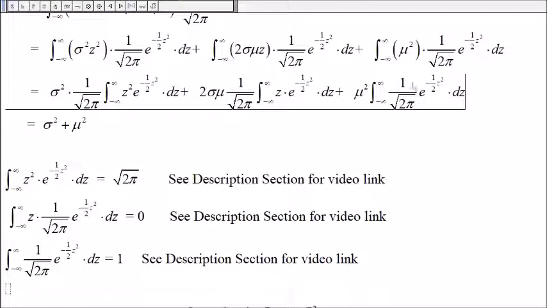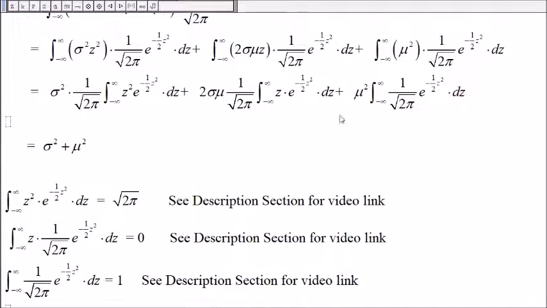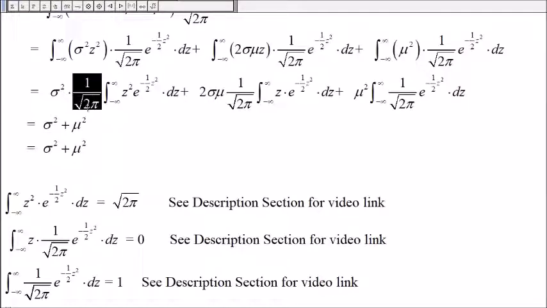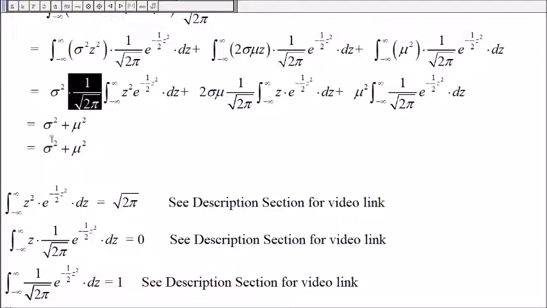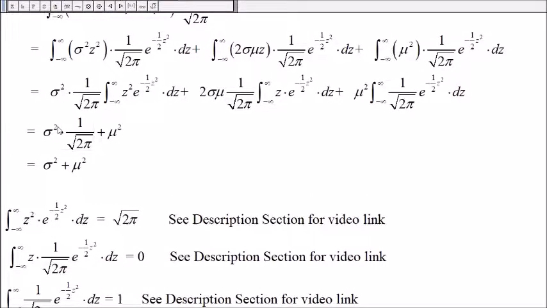And so this becomes sigma squared times the square root of 2 pi, divided by the square root of 2 pi, because this integral right here is the square root of 2 pi.